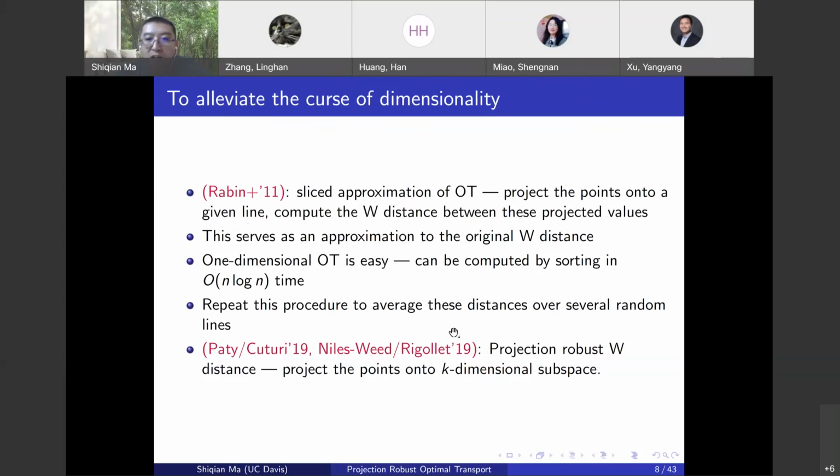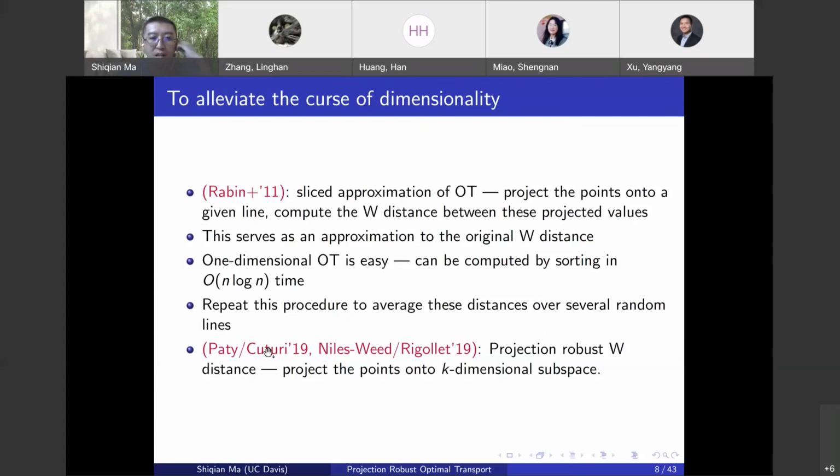So in practice, they suggest that you can draw several random lines, and for each line, you compute this approximate Wasserstein distance, and then you take the average and use that average value as the approximation to the original Wasserstein distance.